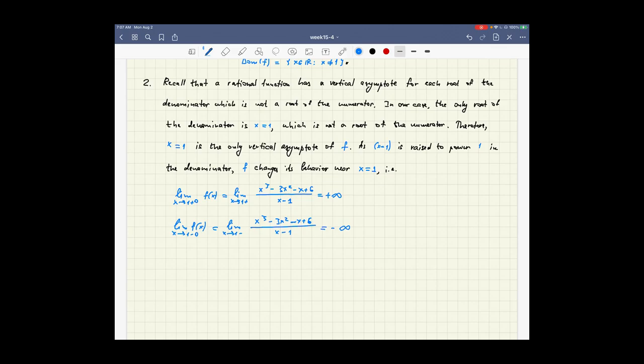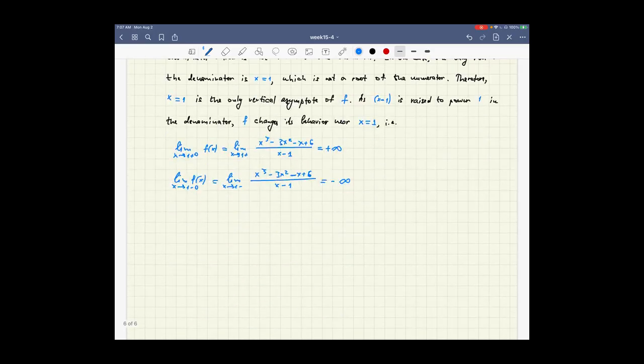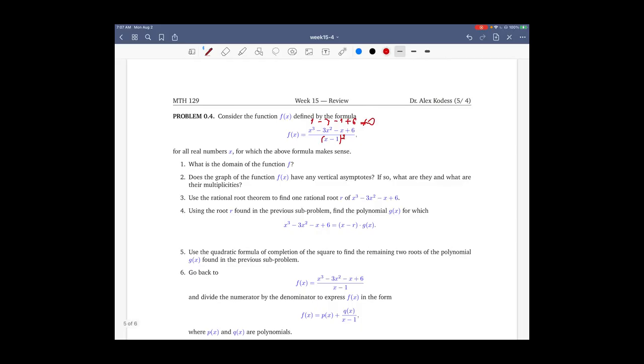So the behavior near this asymptote is different on the two sides of the asymptote. All right, part 3. Use the rational root theorem to find one rational root r of the numerator x cubed minus 3x squared minus x plus 6.